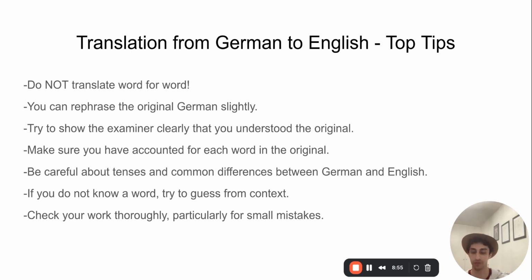If you don't know a word in the original German text, try and work it out from context. That's a very useful skill in general anyway, for say your reading and listening papers too. Try and use the words around it, that's the context, to help you to work out what that particular German word could mean. As it's German, there will often be compound words, so there may be hidden inside that word another German word which you do recognize.